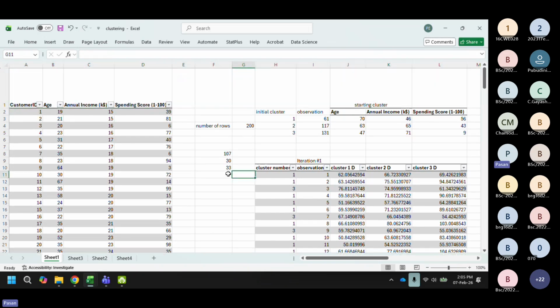if you go with the three clusters there, so you can decide to have the three values here, right? So I just copy and paste these three here.